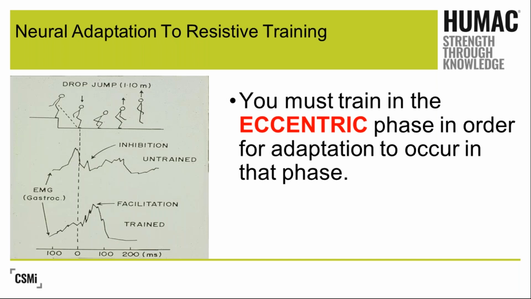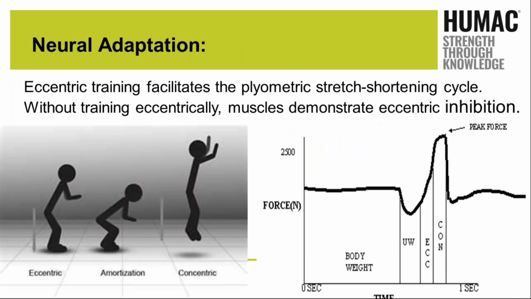If you take somebody and you do a drop jump, so you stand them on a 30-inch platform, have them jump down and immediately jump back up. So we do a drop jump. Someone who has not been trained will develop an inhibition and they're actually shut down, whereas someone who's had facilitation or training actually increases that ability to perform that. And that's often referred to as the stretch shortening cycle. You know, in orthopedics and sports, we talk about plyometric effect.